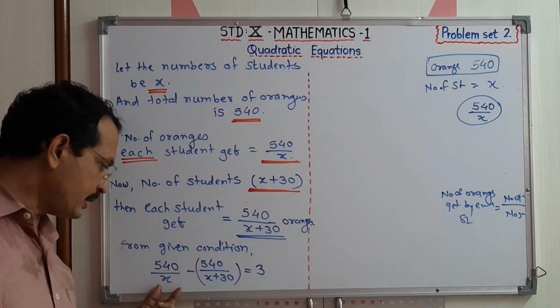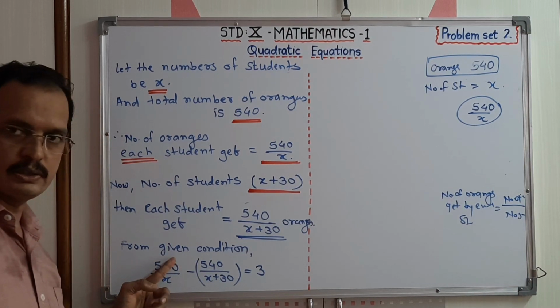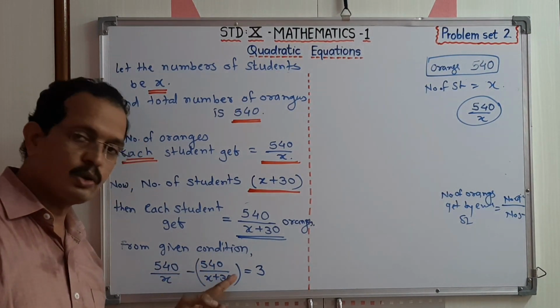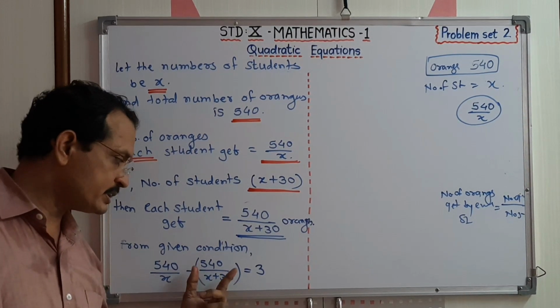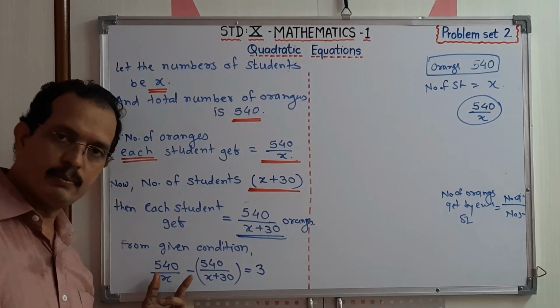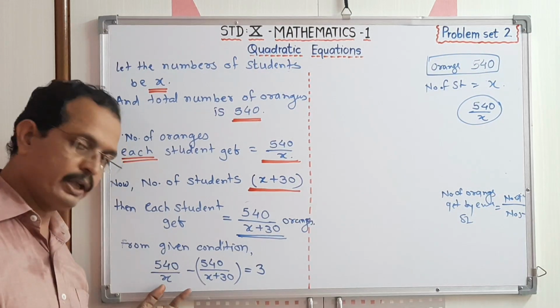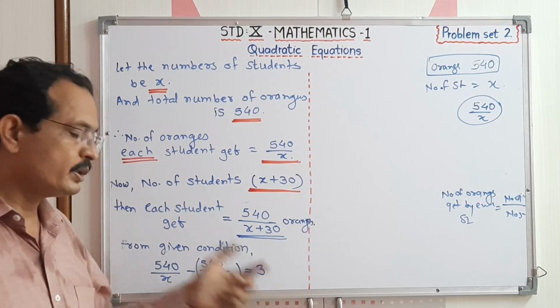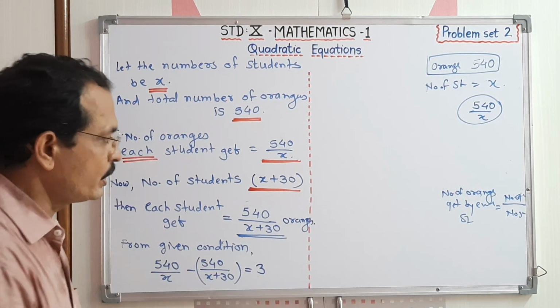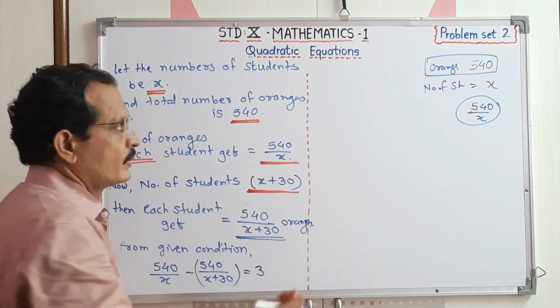When x students are there, every student will get these oranges. If students are more by 30, each student will get these oranges, but these oranges are less by 3 than the previous one. Therefore, we write 540 upon x minus 540 upon x plus 30 is equal to 3. Now, dear students, we have to solve this.